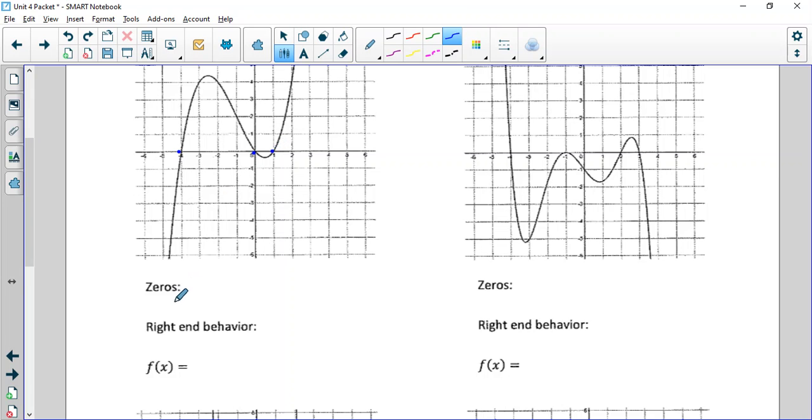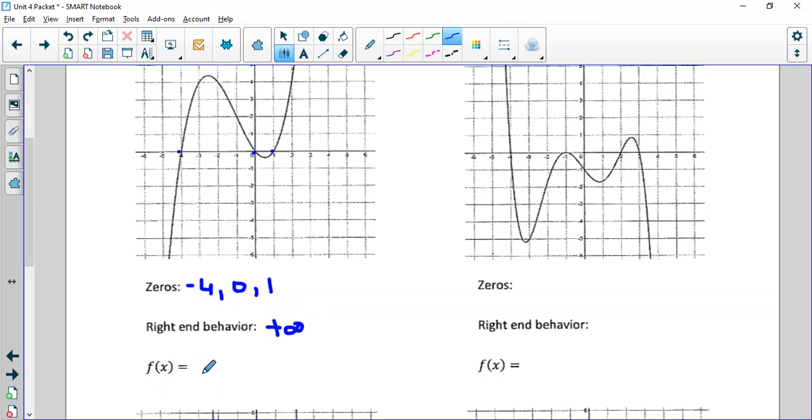There's an x-intercept at negative, can't really see that, but -4. There's an x-intercept at 0, and there's an x-intercept at 1. Right end behavior, basically, is it going up or down on the right side? It's going up, so it's going to positive infinity. I'm just going to put positive infinity.